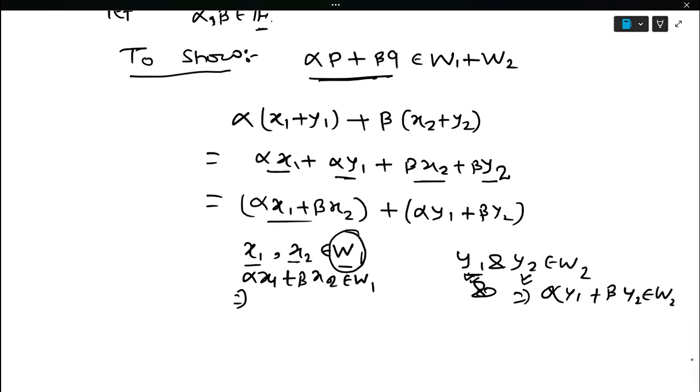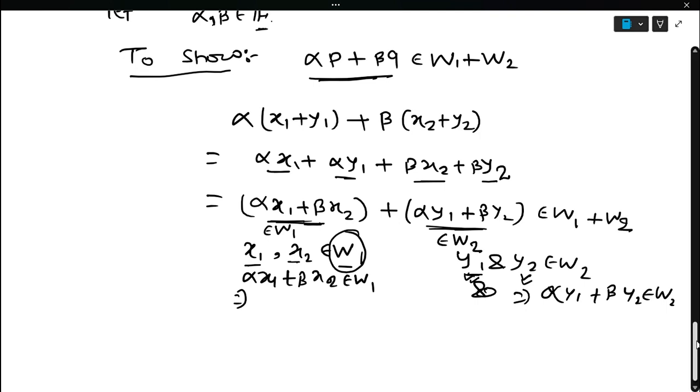Since this term belongs to W1 and this term belongs to W2, the sum is of the form x plus y, x belonging to W1, y belonging to W2, so it belongs to W1 plus W2.